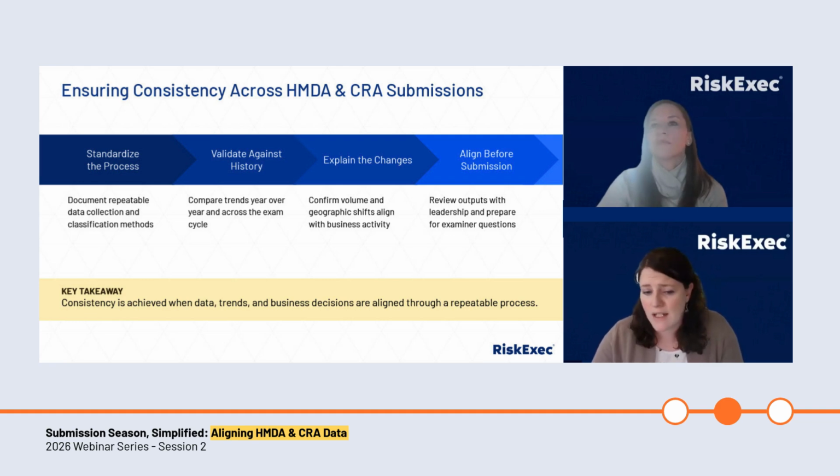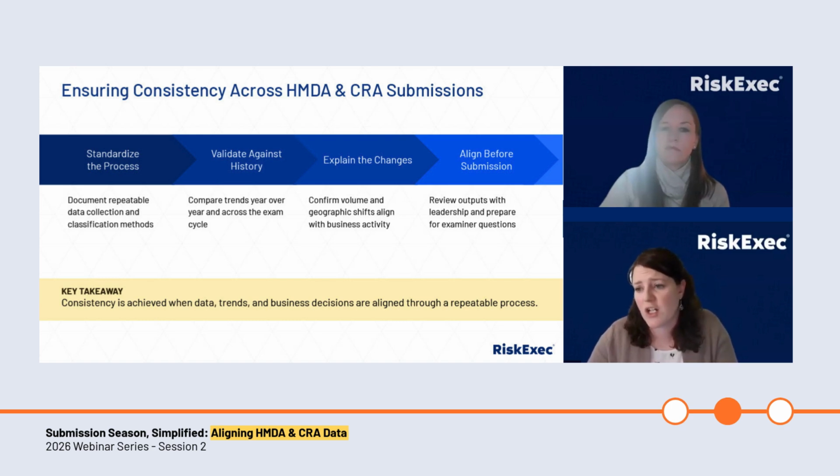Was there a new lending product or program that you have offered that is reflected in that change? Did you enter or exit a new market or an existing market? Another question to look at: was there a shift in your mortgage lending or your small business, small farm lending? Did you make a strategic business move to exit a specific sector, and now it's changing what your performance looks like?